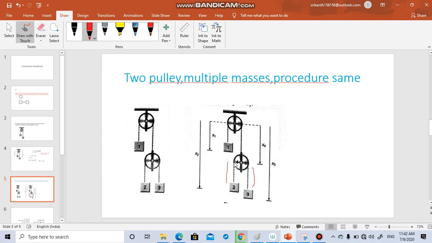Now ignoring the small length, this length plus this length will be the L2. So what is this length? X2 minus x1. This length will be x2 minus x1.